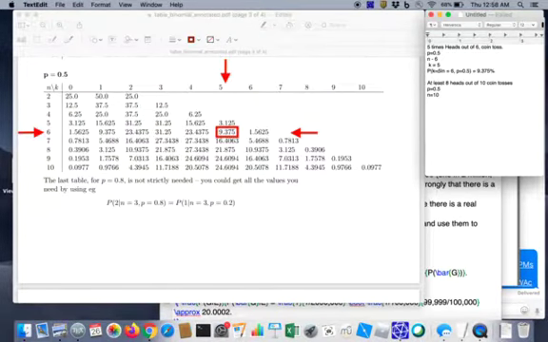And to get at least 8, we just need to add up the 8, the 9, and the 10 probability. So k greater or equal 8 means p of 8, or we can be more specific, p of k equals 8 plus p of k equals 9 plus p of k equals 10.